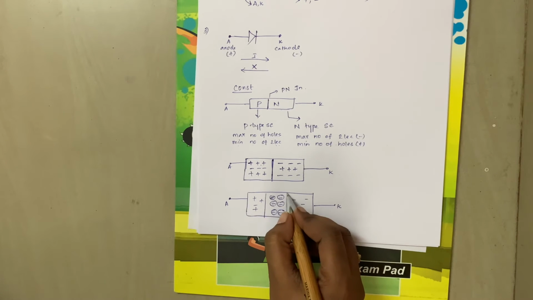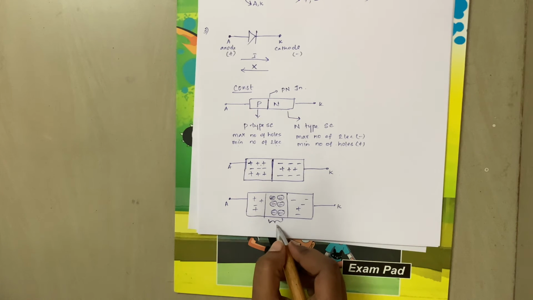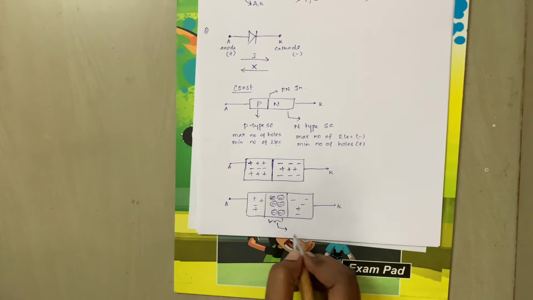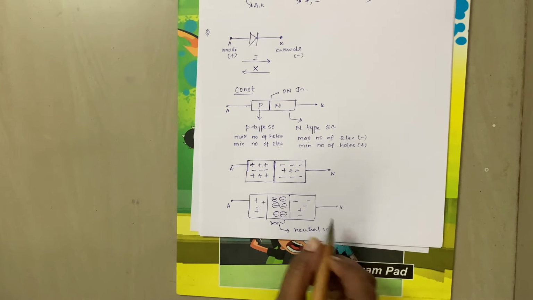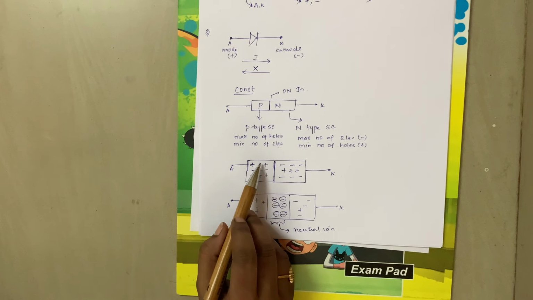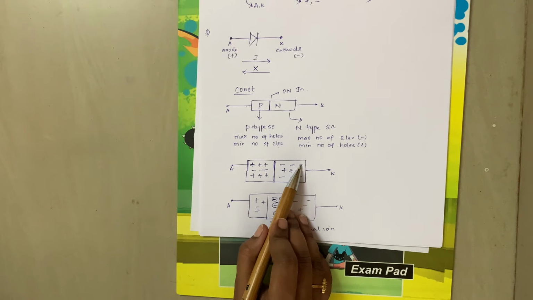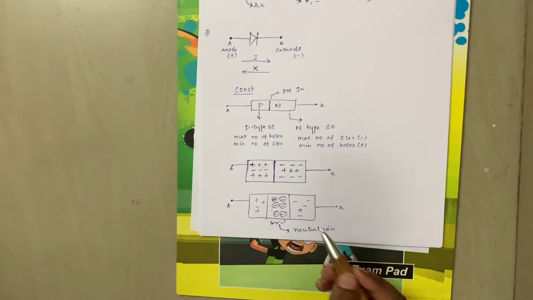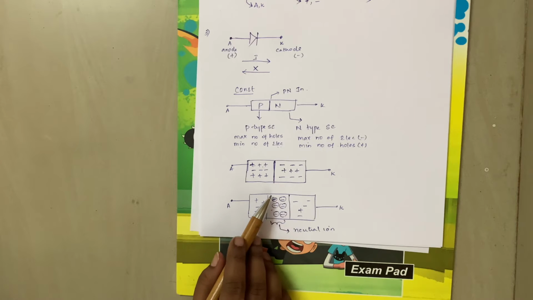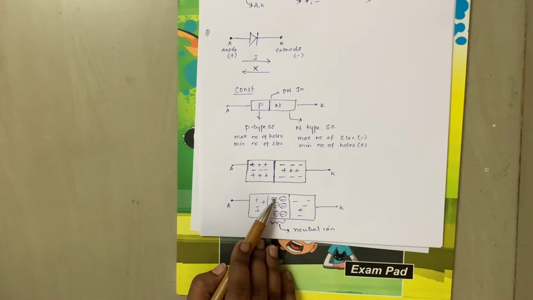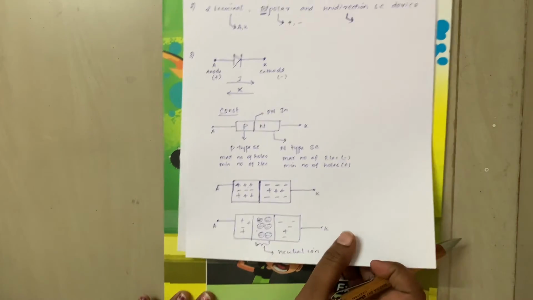Now, since recombination is done already, it becomes a neutral particle or neutral ion. Here you have a maximum number of holes, this side you have a maximum number of electrons, and at the junction there is a neutral ion where the recombination of electrons and holes is carried out. Now what happens next?